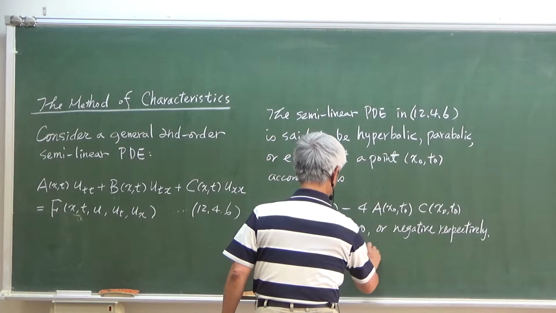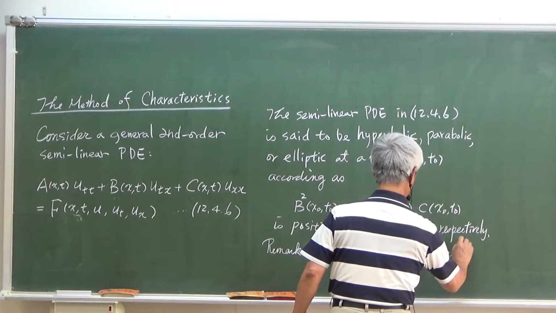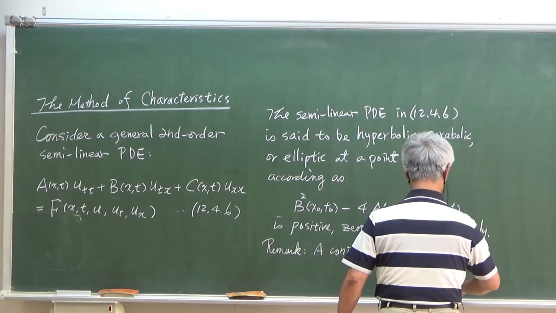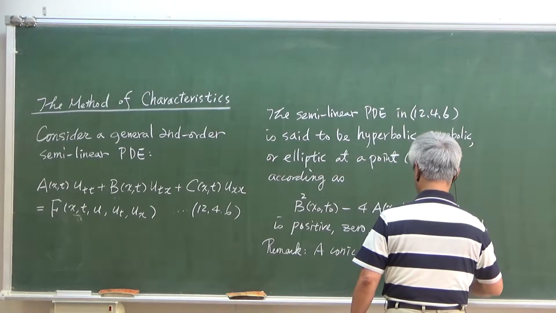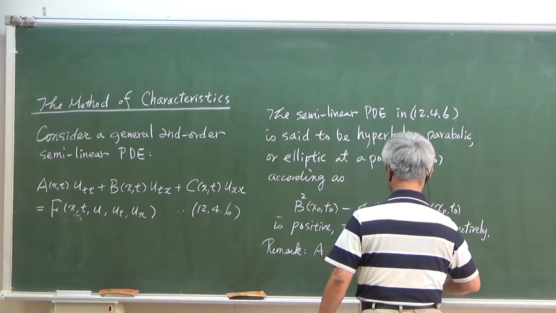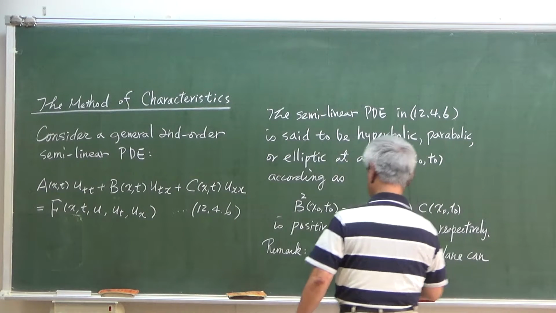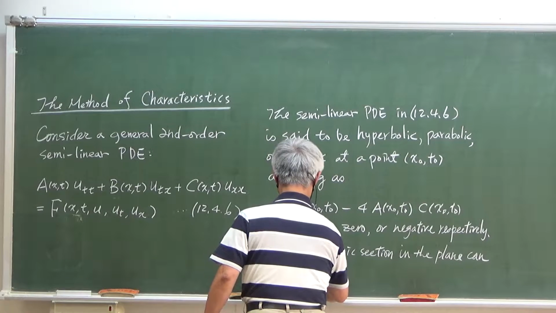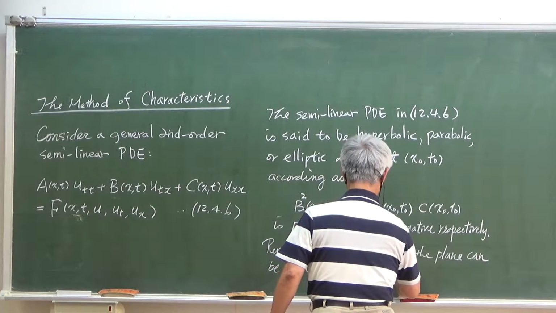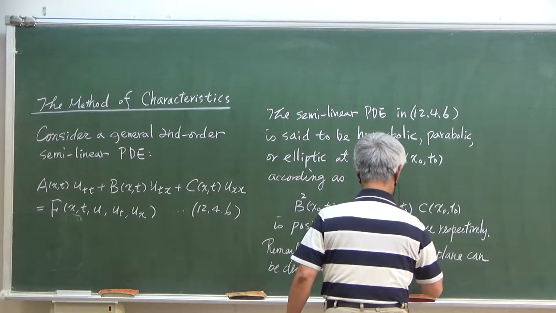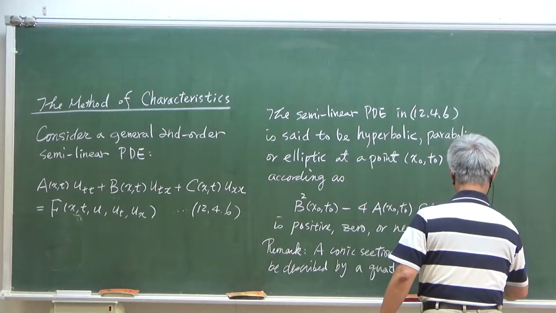A conic section can be described by quadratic equations in x, y.